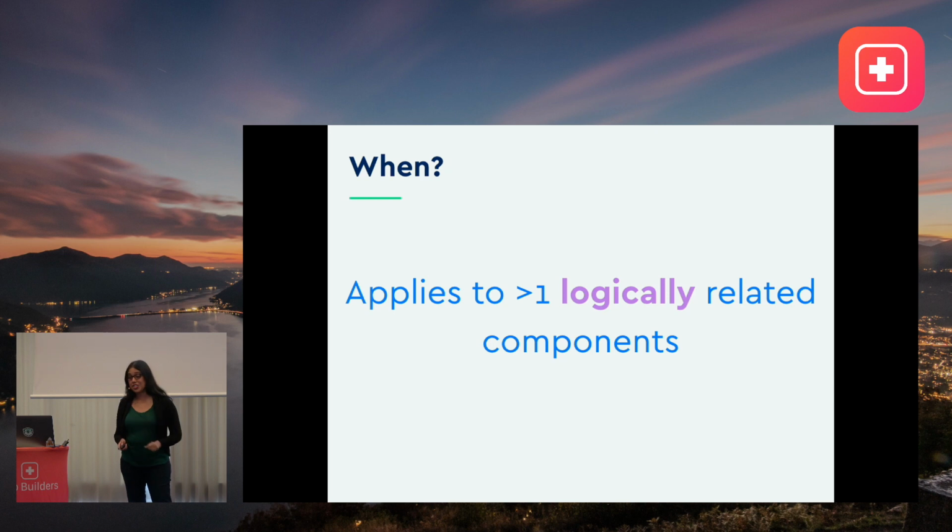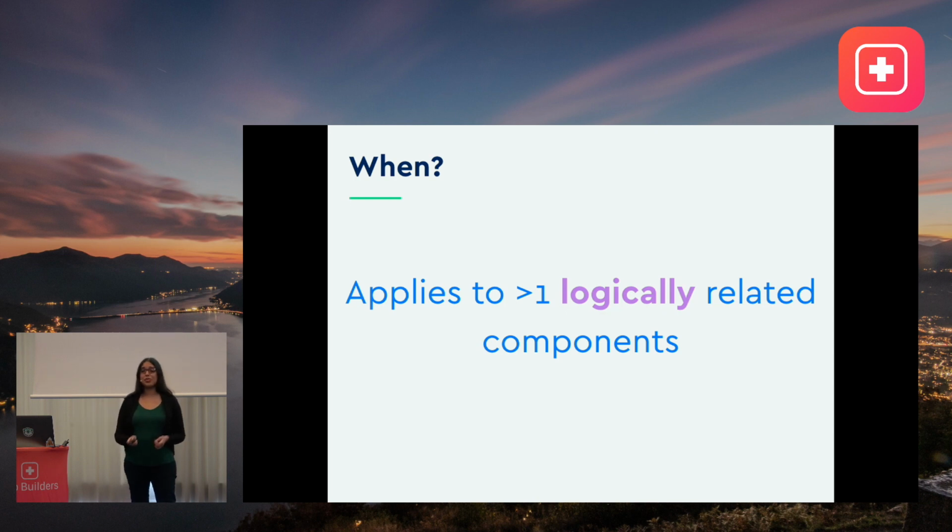And I say logically related component because you might have, let's say, a card view and a dialog. And they have some of the same values for the same attributes. And you extract out a style, and you apply the same style to both of them. But in the future, if you want to update the look of the card view, it's also going to impact the look of the dialog.